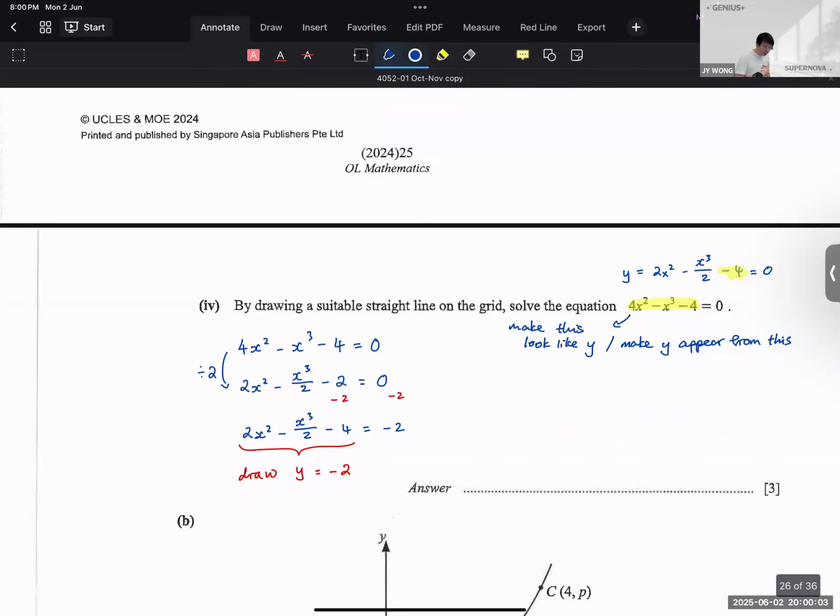So how many solutions should there be? 3. I don't know why. This one very strange to me. Normally got more than one solution, Cambridge will put one. But here Cambridge decide that I'm going to just give you one very long blank. How many solutions do you need? 3.